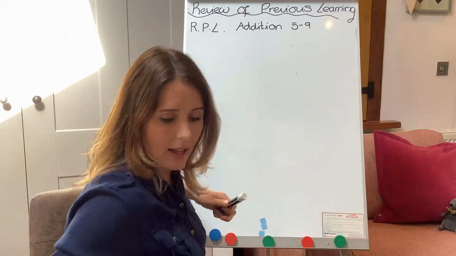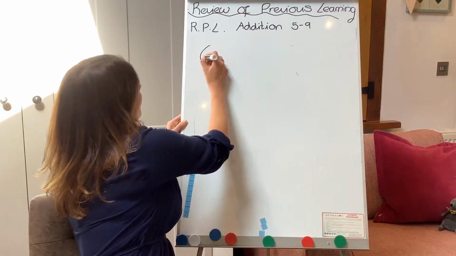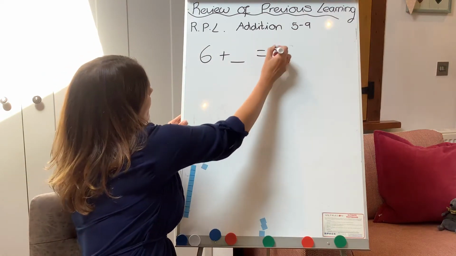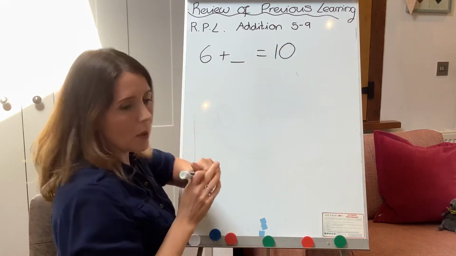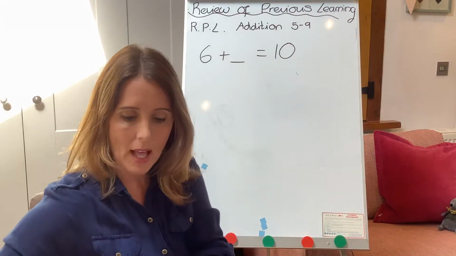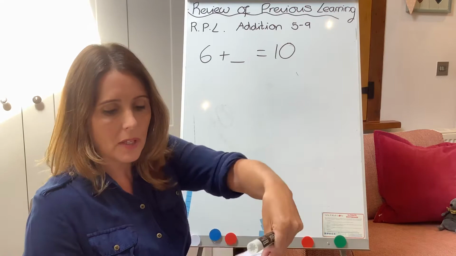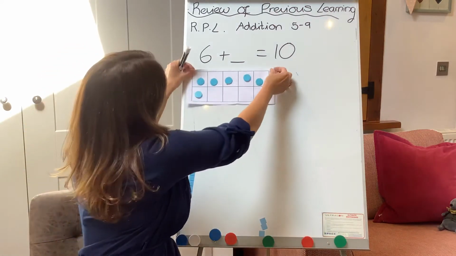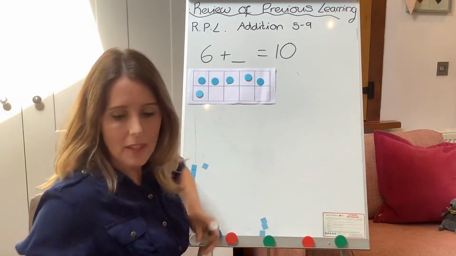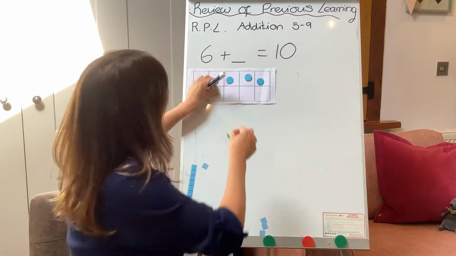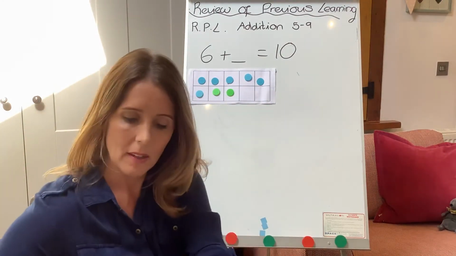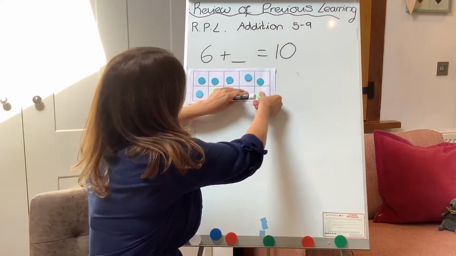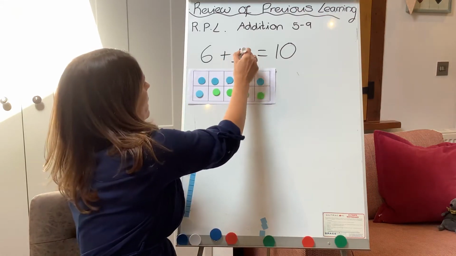So if we had 6 add something is equal to 10, we could use our number bonds to help us. If we know our number bonds to 10, we know that 6 add 4 more is equal to 10. So 6 add 4 is equal to 10.